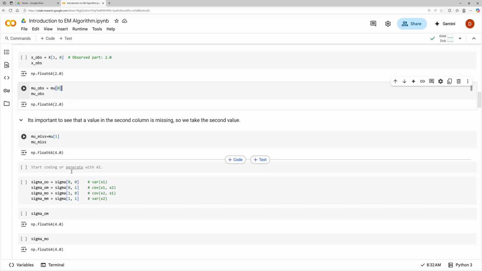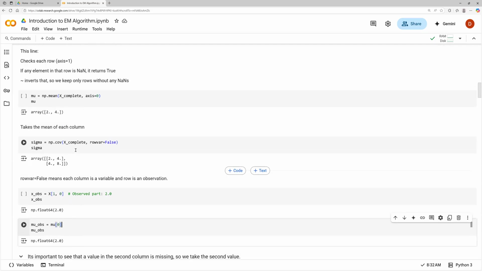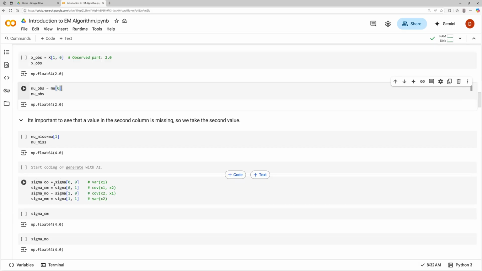And if we parse the covariance matrix into sigma 0, 0, which is observed, the variance of x1, sigma O, sigma missing is sigma 0, 1, covariance of x1, x2, sigma 1, 0, covariance of x2, x1, and then the variance of x2.